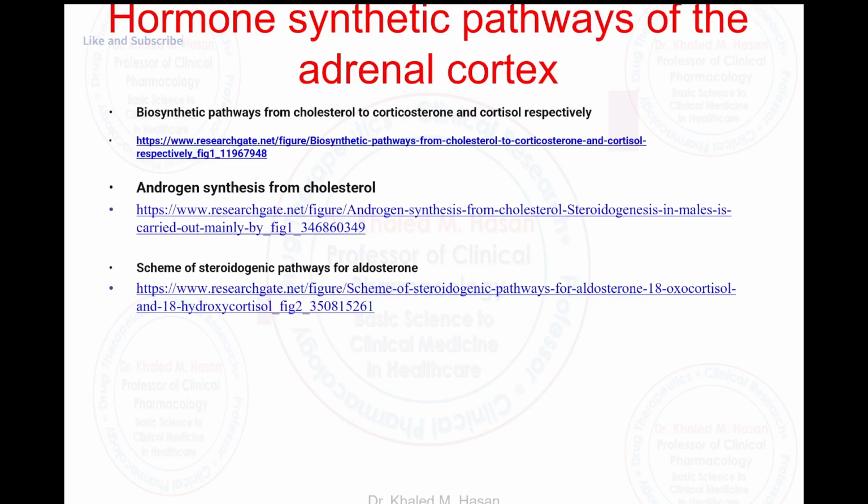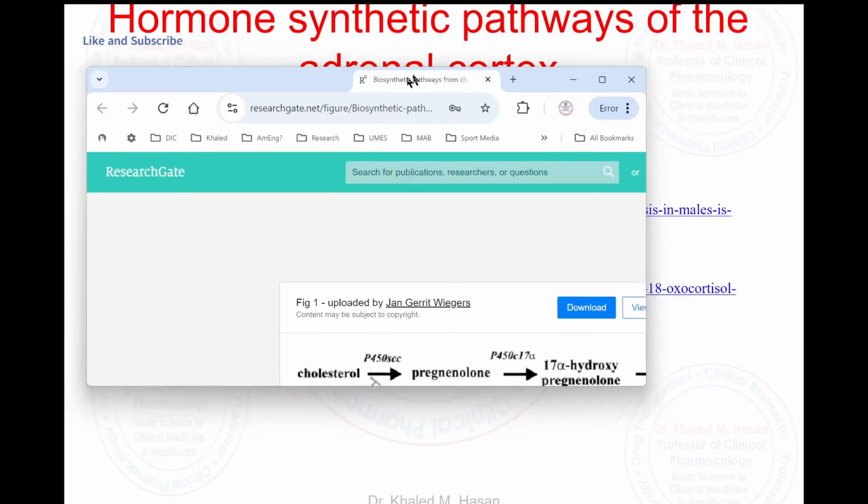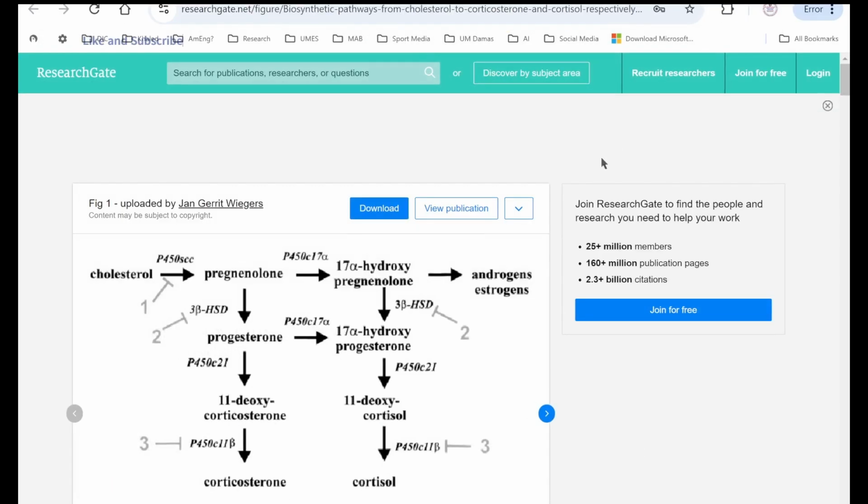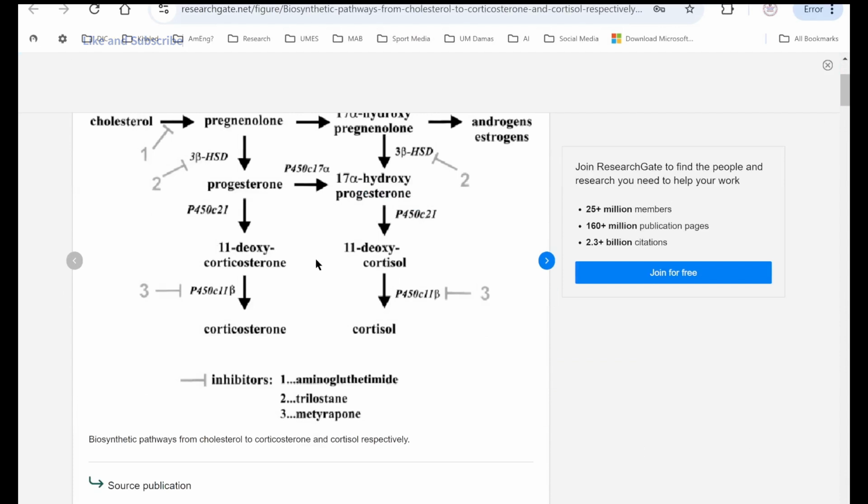Okay, so we have a website that gives us some information about the pathways for hormone synthesis. I will click on one of these links here. I will share the image with you for a few seconds. As you can see here, cortisone and corticosterone synthesis starts from cholesterol.